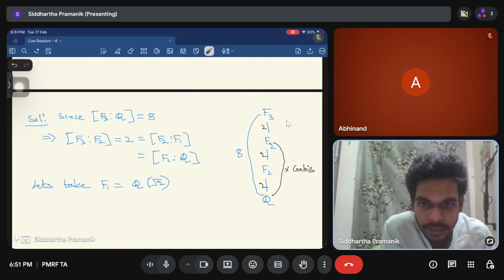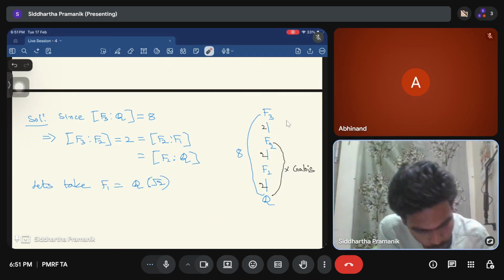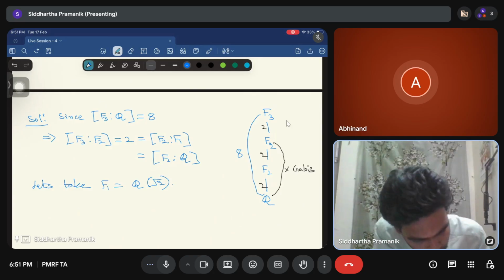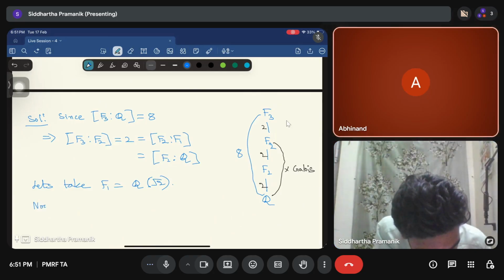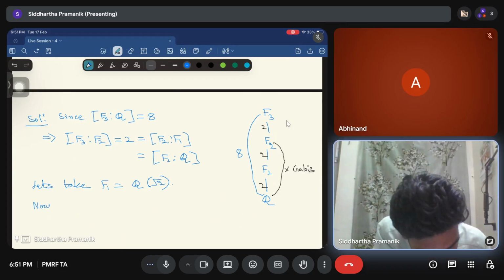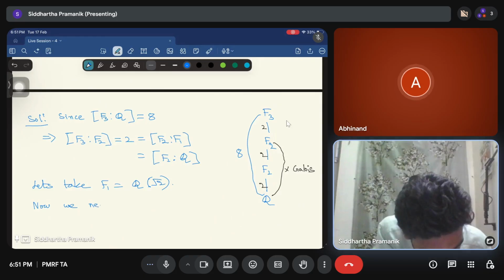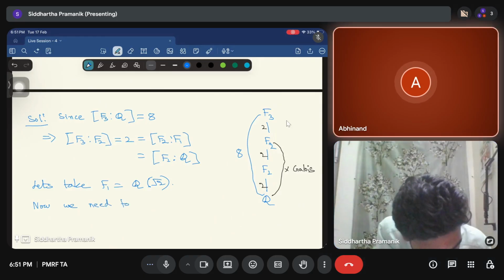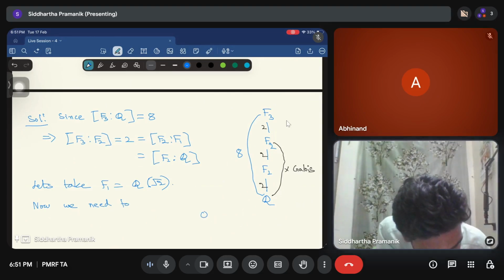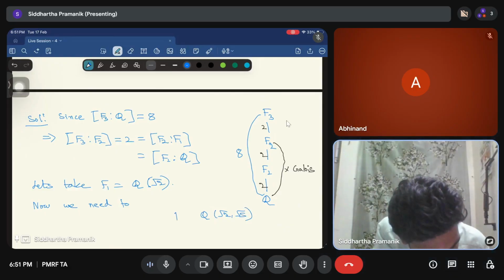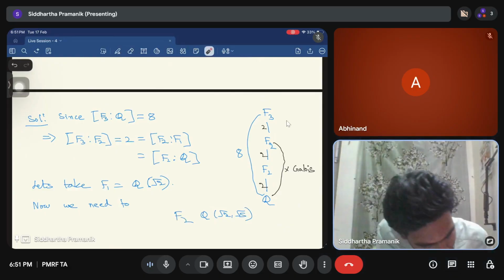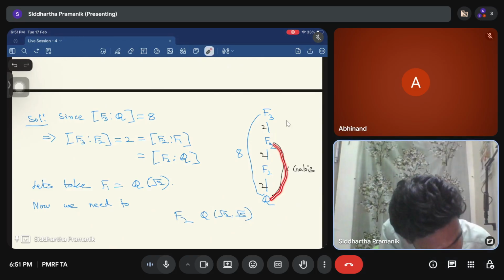Yeah, any idea? What if we extend by another root? Can you be more specific? Q adjoined with root 2, root 5 or something? If we take Q adjoined with root 2 comma root 5 as F2, but then we need F2 over Q to be non-Galois, right? But is it non-Galois?